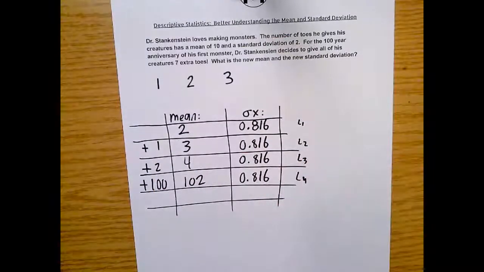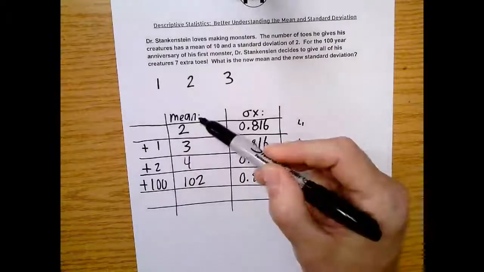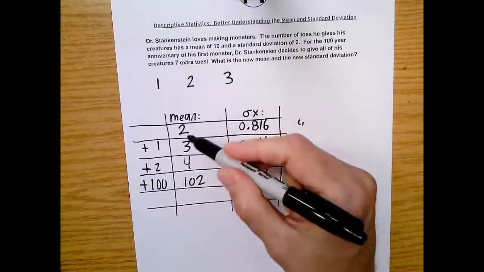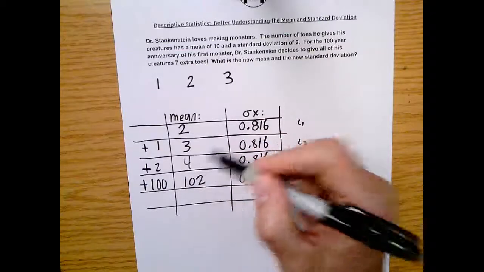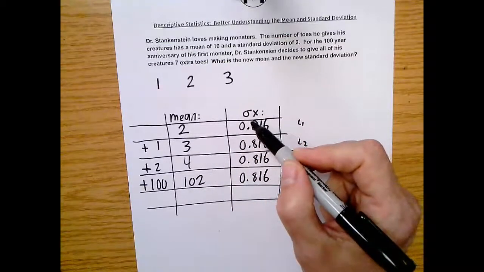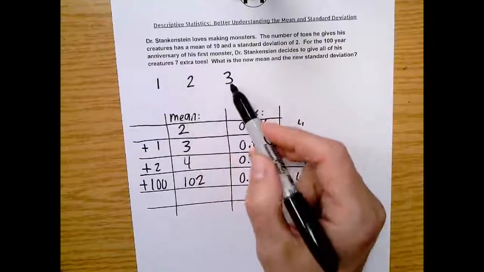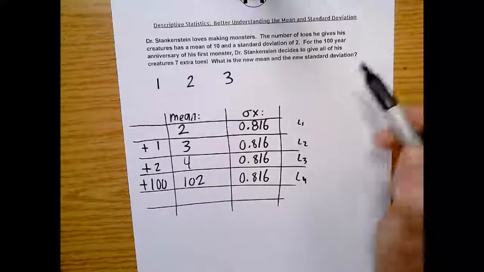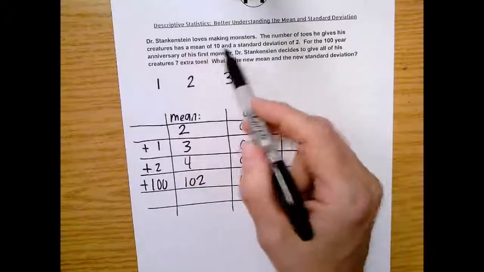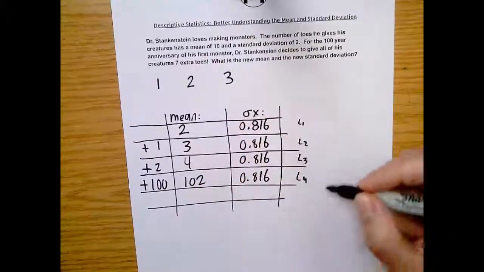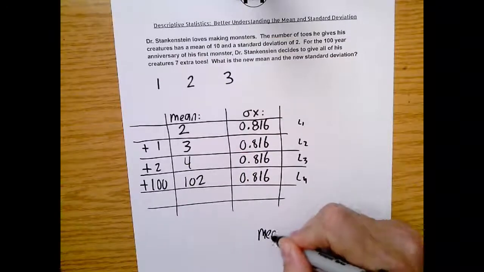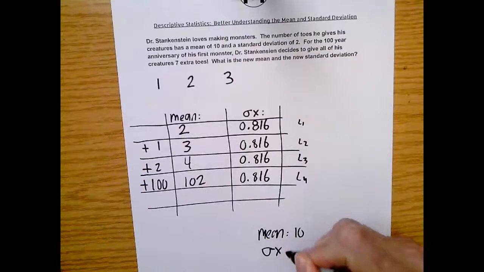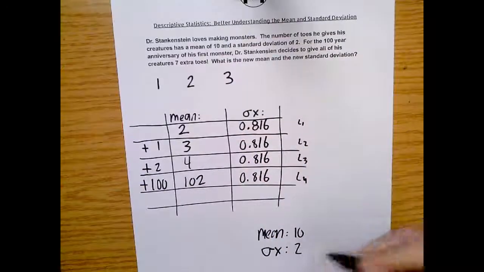So what we learned here is that when you have a mean, if you add to it, the mean just goes up however much you added to it. And if you have a standard deviation, if you add to it all, it doesn't change. So going back to the original question, when we started the mean was 10 and the standard deviation was 2.